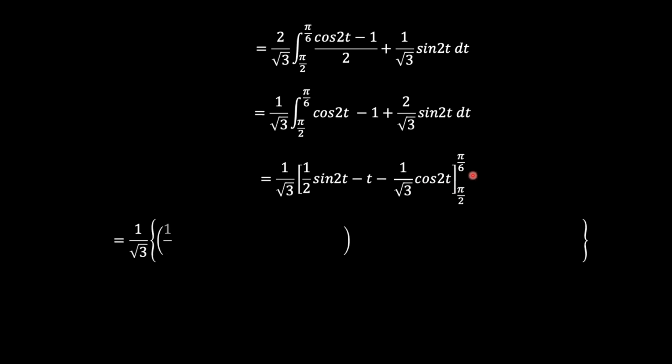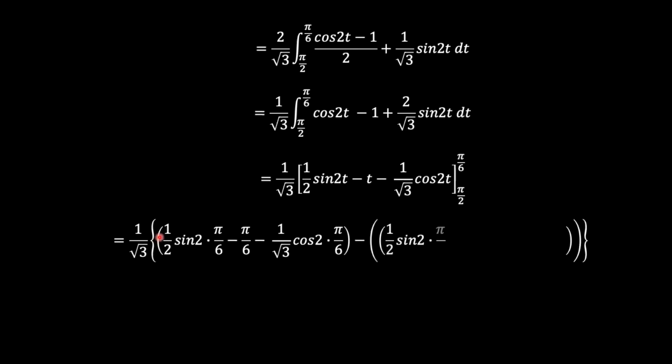Now applying the upper limit, pi over 6, and the lower limit appropriately, we have 1 over root 3 into curly brackets, another bracket, 1 over 2 sine 2 times pi over 6 minus pi over 6 minus 1 over root 3 cosine 2 times pi over 6 minus, open brackets, half of sine 2 pi over 2 minus pi over 2. I beg your pardon, there's a mistake here. Minus 1 over root 3 cosine 2 pi over 2.